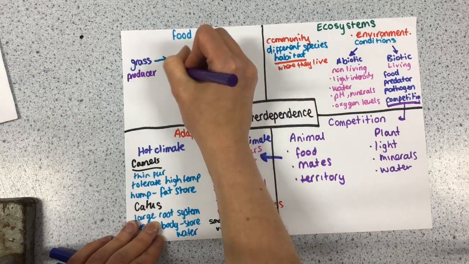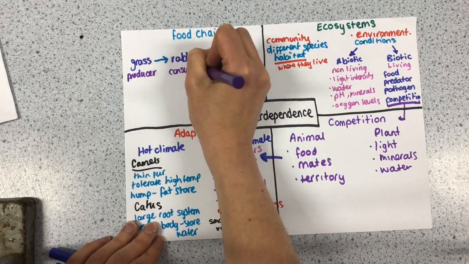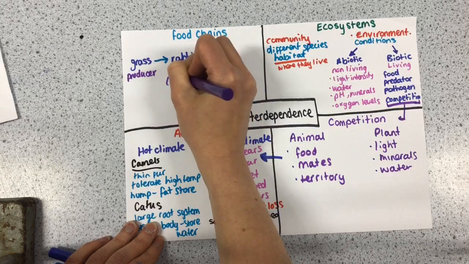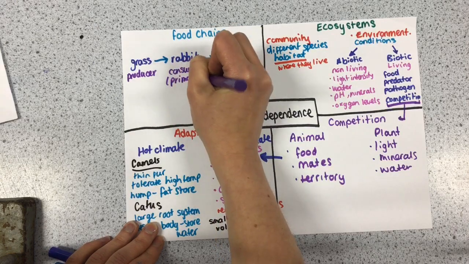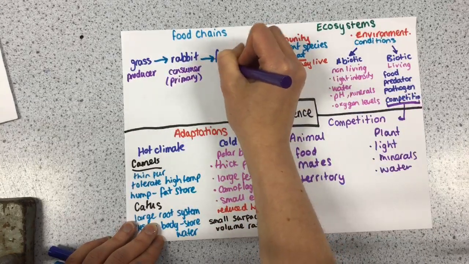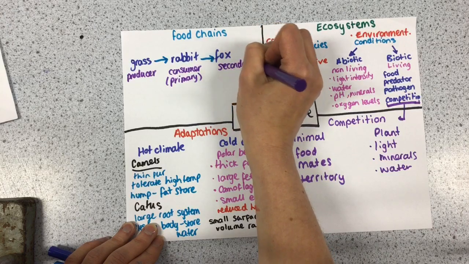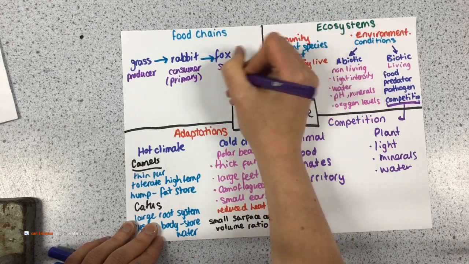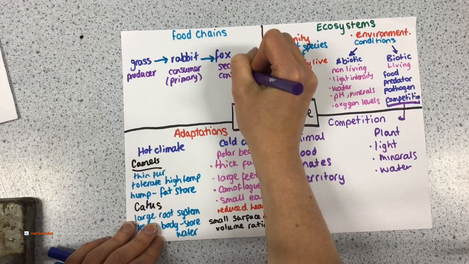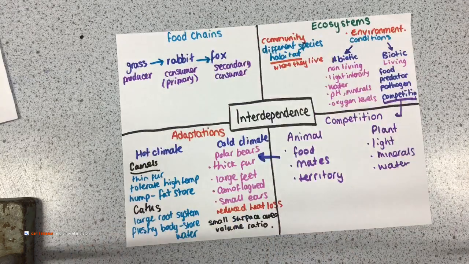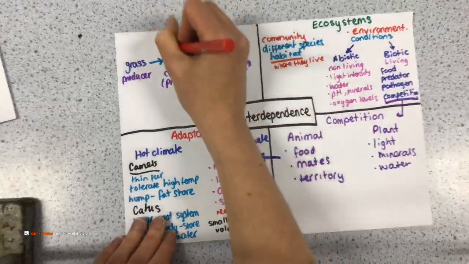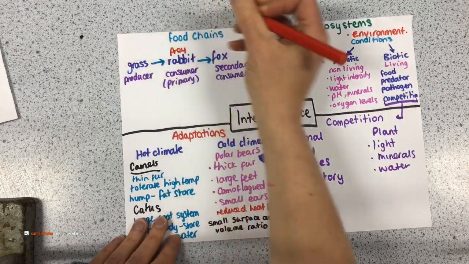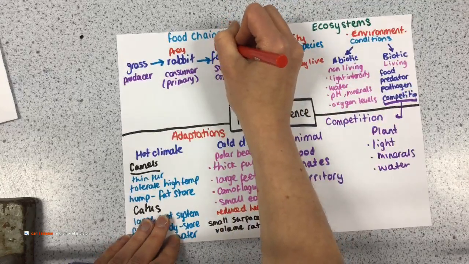Then we have consumer. This is a primary consumer. And then we have a secondary consumer. Within this, we also have the terminology of predator and prey as well. So we have a rabbit being prey and the fox being a predator.